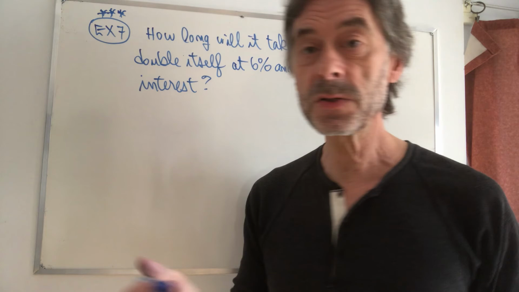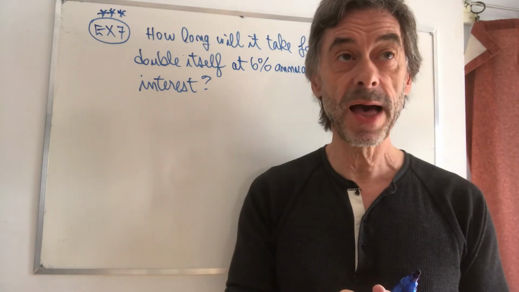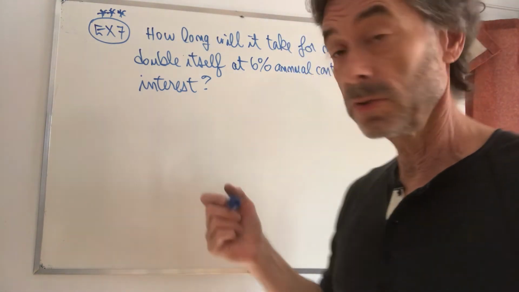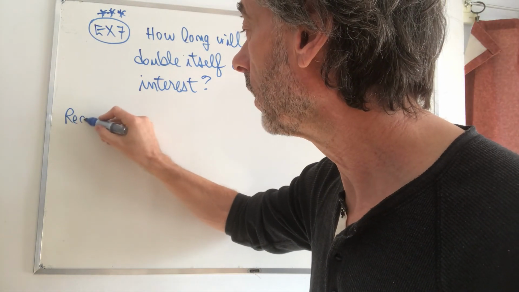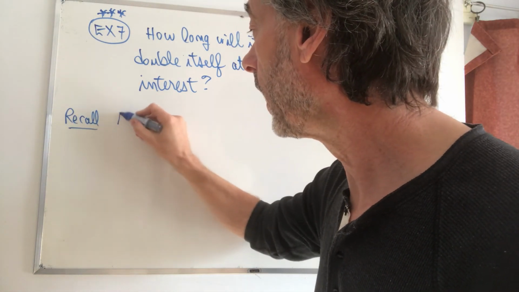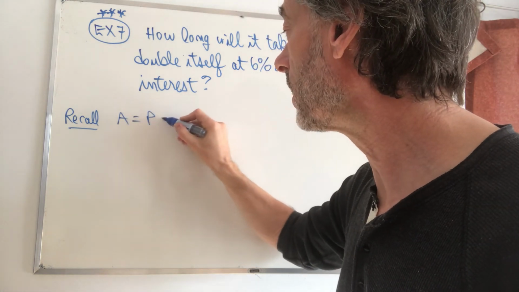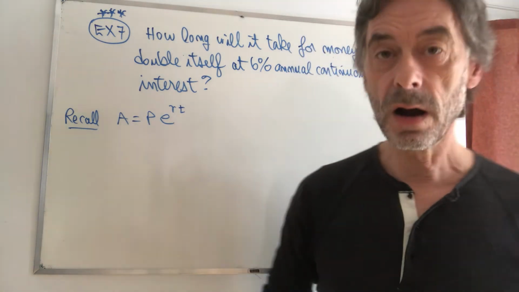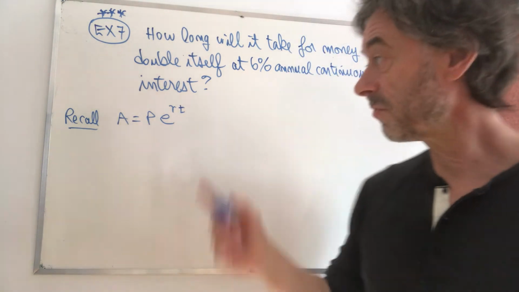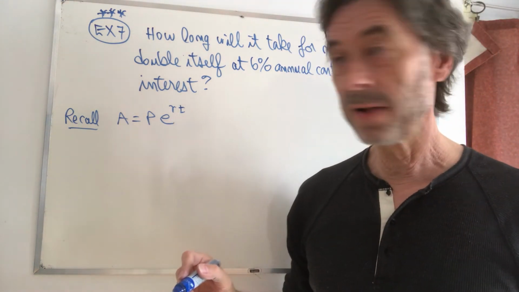Now, that means that we need to recall the formula that we had for continuous interest. Do you remember that? Recall A equals P e to the rt. That's the formula we use for continuous interest.